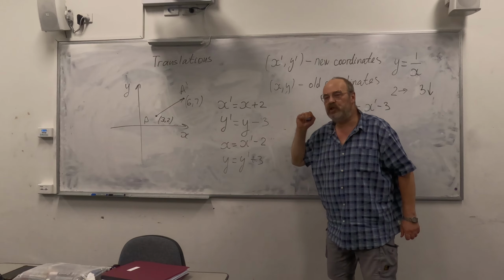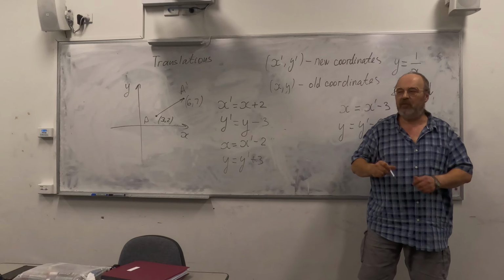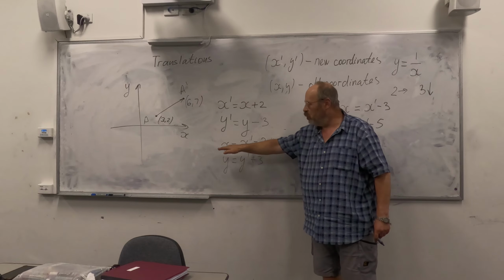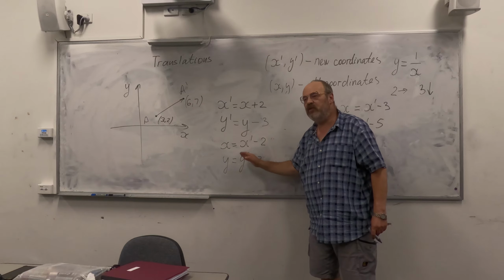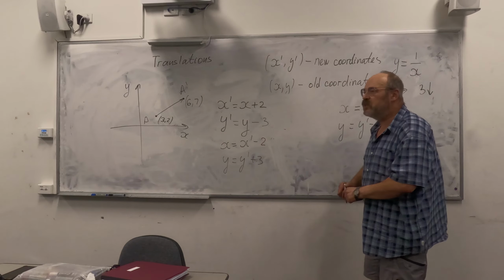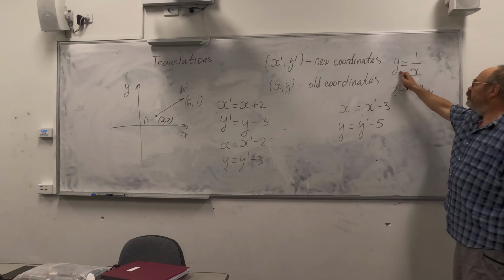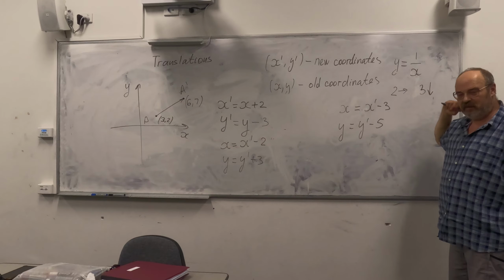And let's substitute in the next step. After we have rearranged, we have the old coordinates in terms of the new coordinates. We substitute them into the original equation, because they are the old coordinates.